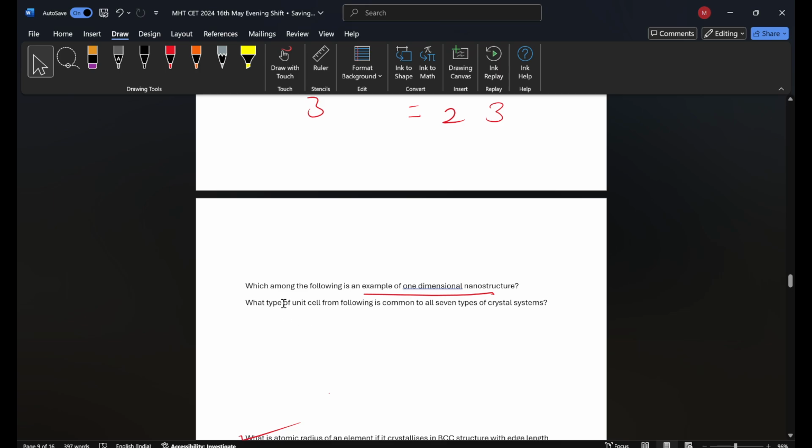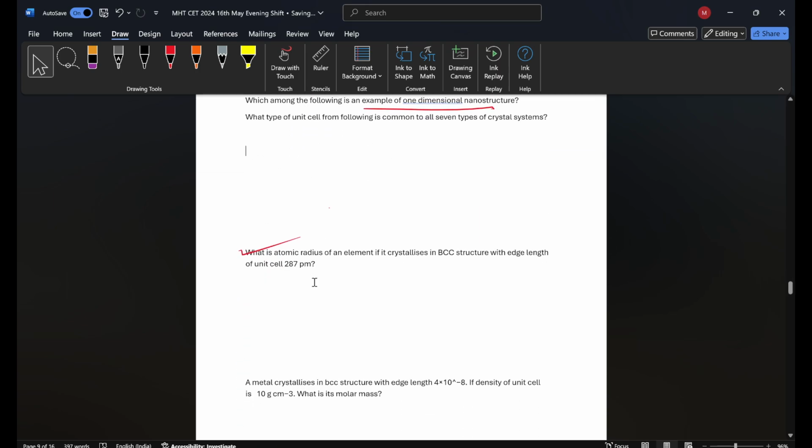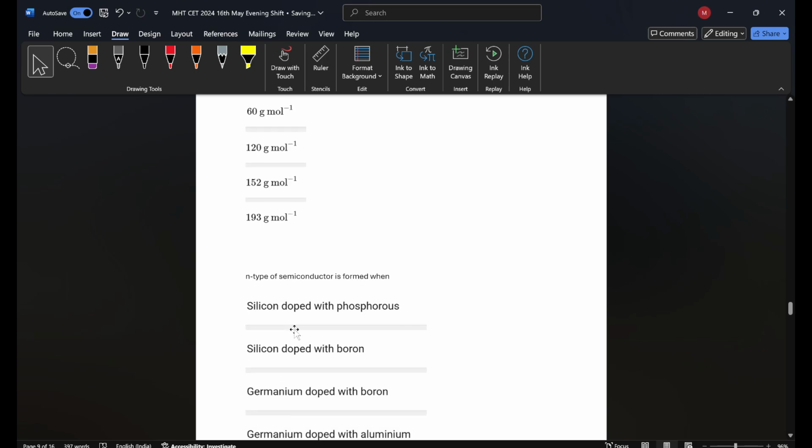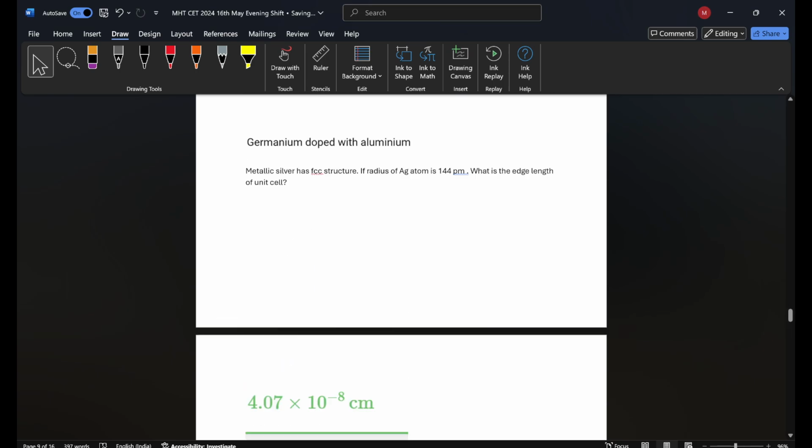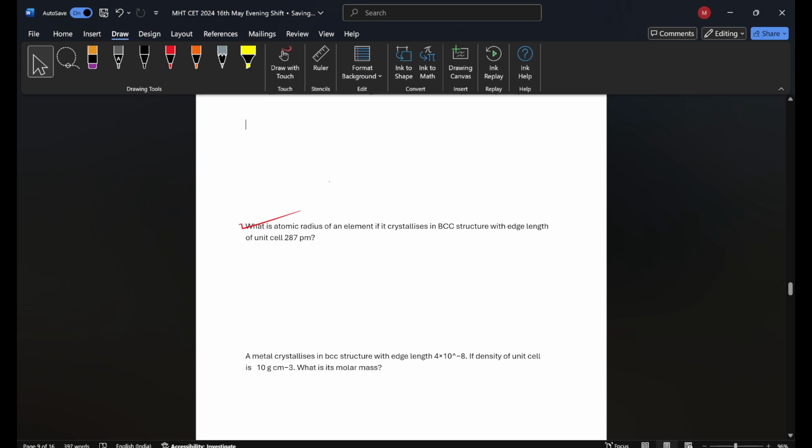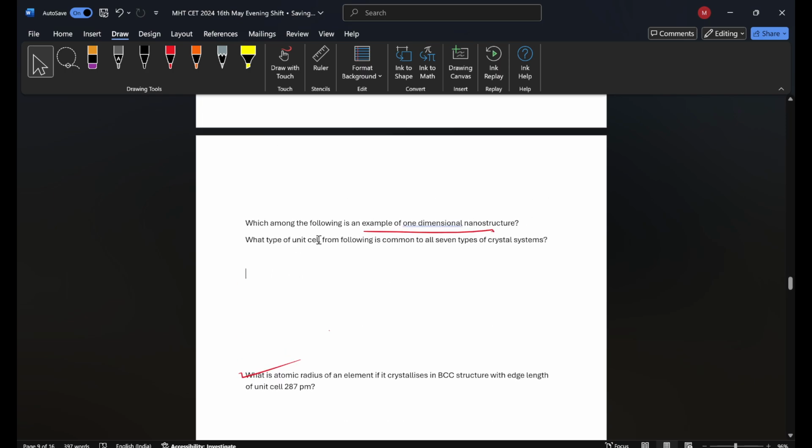Let me see if we have more questions. Yes, we have. Which type of unit cell from the following is common to all 7 types of crystal structure? In this question there are options, and I have purposefully not given you the options, just so that we can discuss this question.